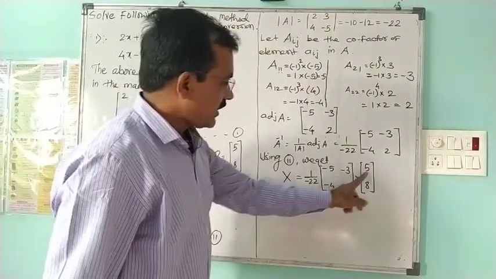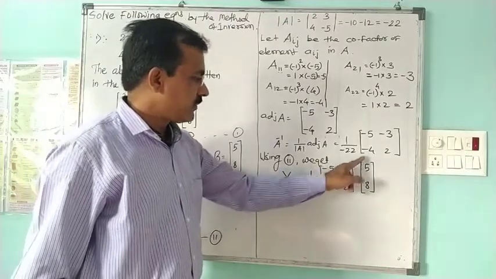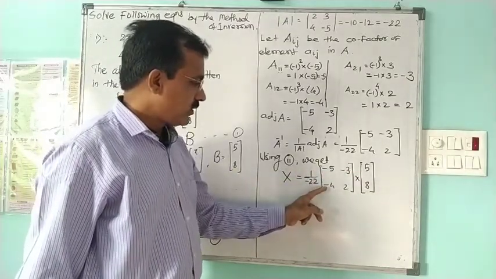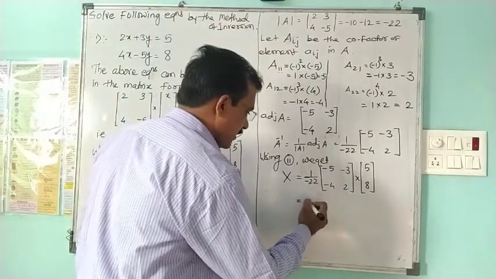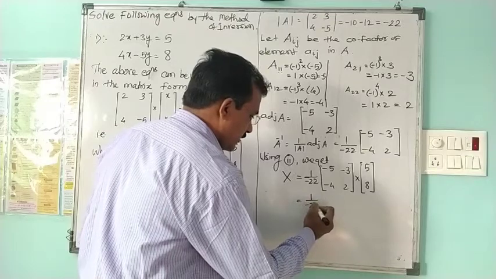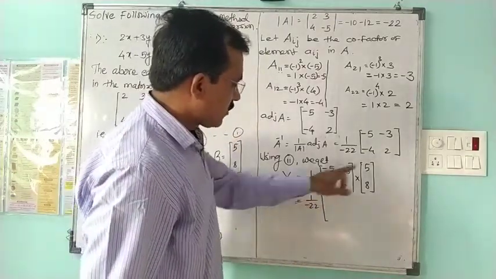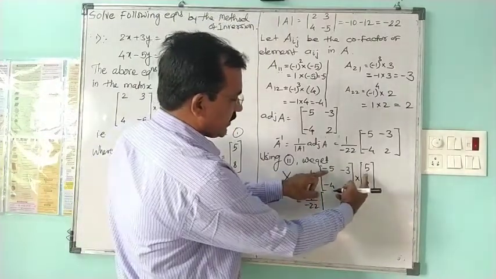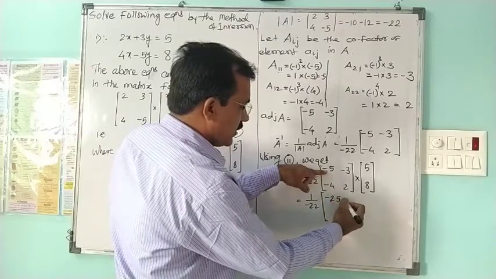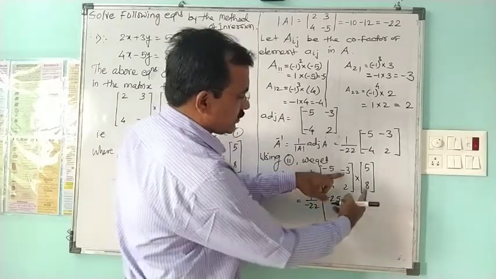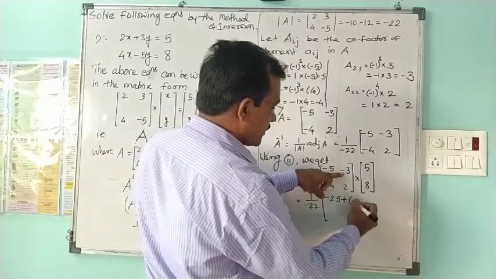Now these two matrices are in multiplication, so we want to take their product. First row with this column, and second row with the same column, keeping 1 upon minus 22 as it is. The product of first row with this column gives us the first pair as minus 5 with 5, so this is minus 25, plus by formula, and the next pair gives us minus 3 with 8, minus 24.